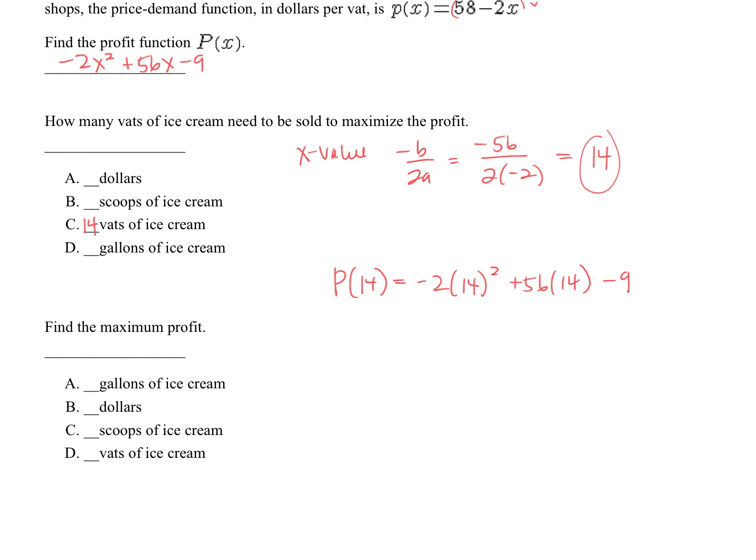So we have 14 squared times negative 2 is negative 392. 56 times 14 is 784 minus 9. So 784, a negative 392, and a negative 9 gives us 383. So that's the profit that they would make. So you would choose part B, and you would say $383.